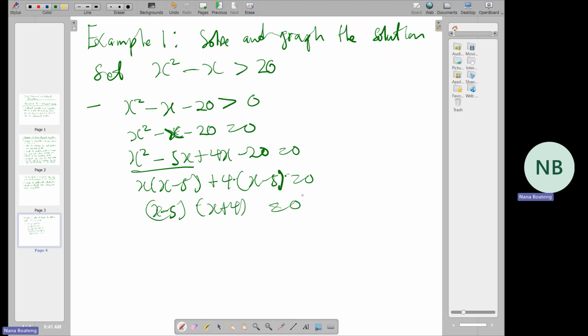So this means x minus 5 is equal to 0, which means x is equal to 5, or x plus 4 equal to 0, which means x is equal to negative 4. So this will be our boundary points.